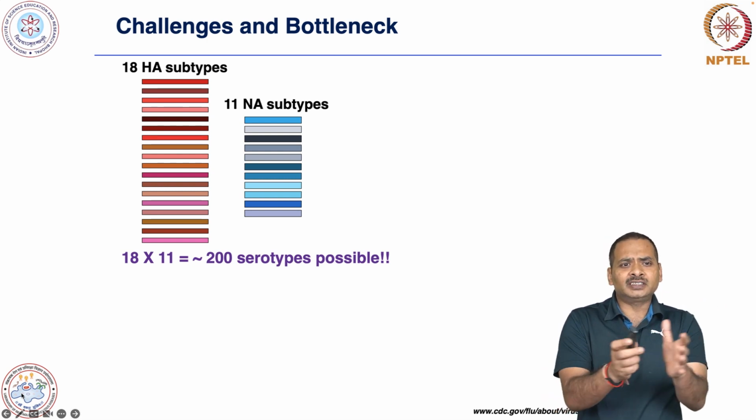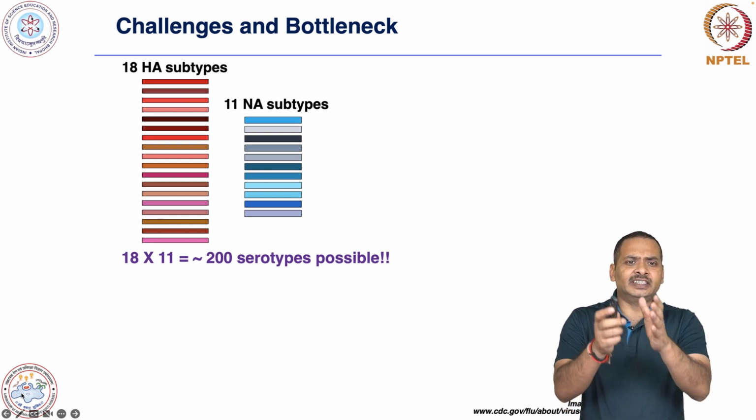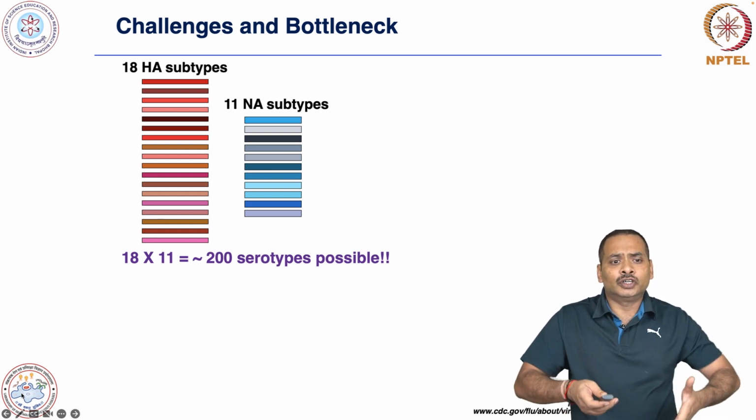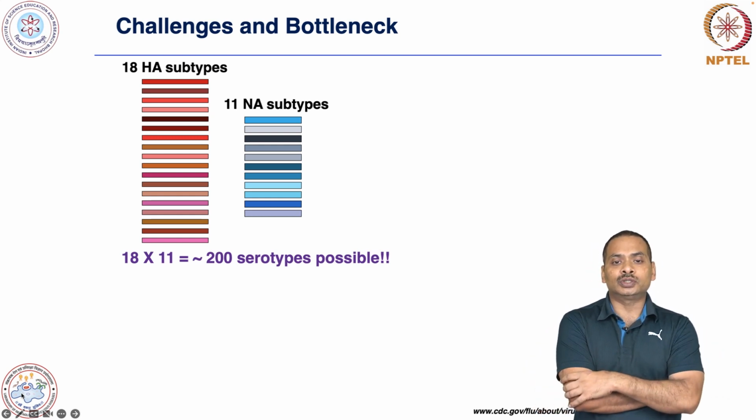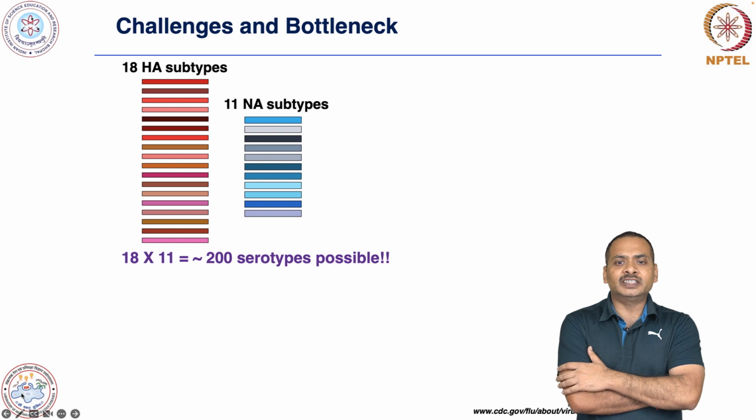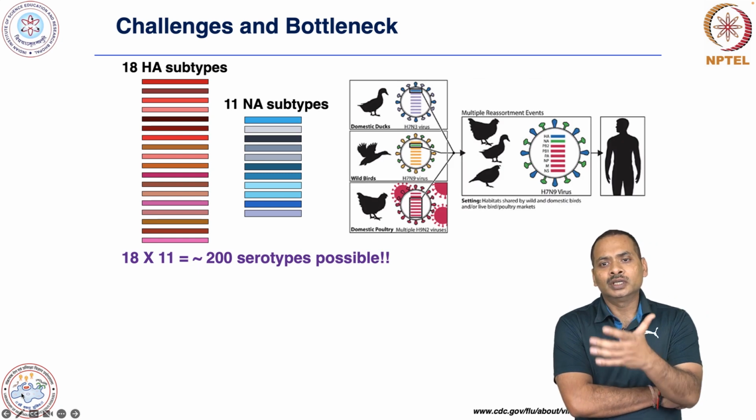So if you take 18 HA and 11 NA, then theoretically there is a possibility to create approximately 200 serotypes.